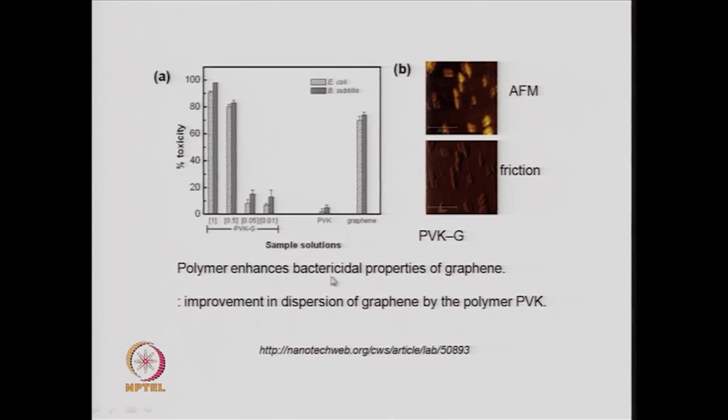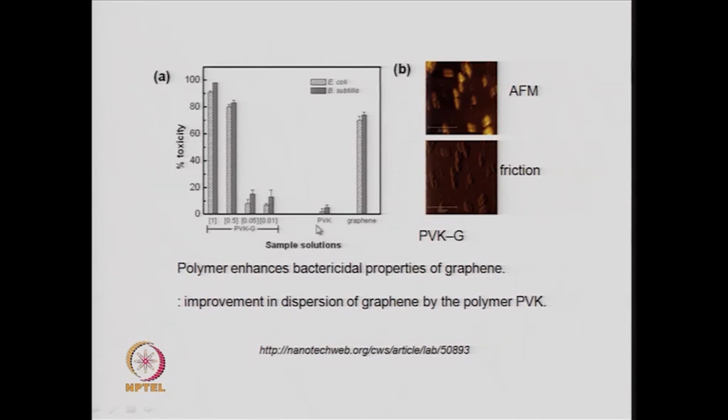Now, you can add sample solutions. So, you have different types of sample solutions, and you will see that there is an improvement in dispersion of graphene by the polymer PVK, and you see the toxicity levels come down when you have certain concentrations.